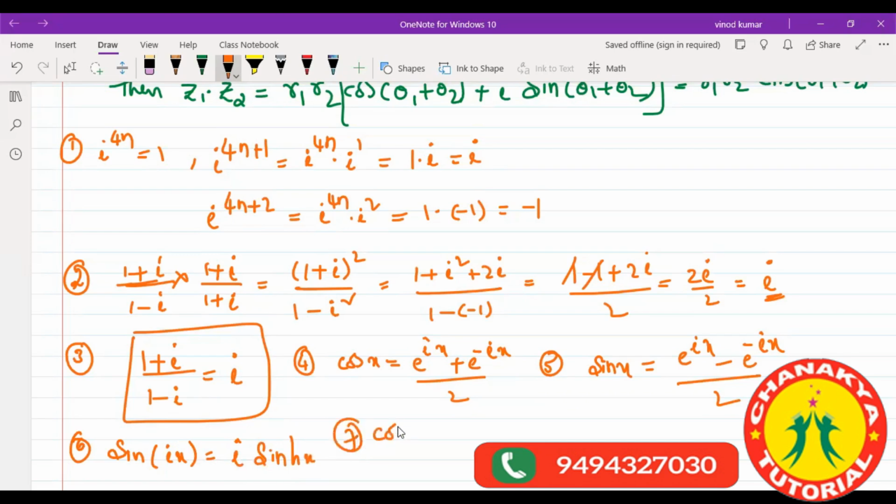Cos of ix, we don't get i, directly we write cosh x. Why? Because cos is an even function, that's why. And next, tan ix, here i tanh x. Similarly, we can write the remaining also.